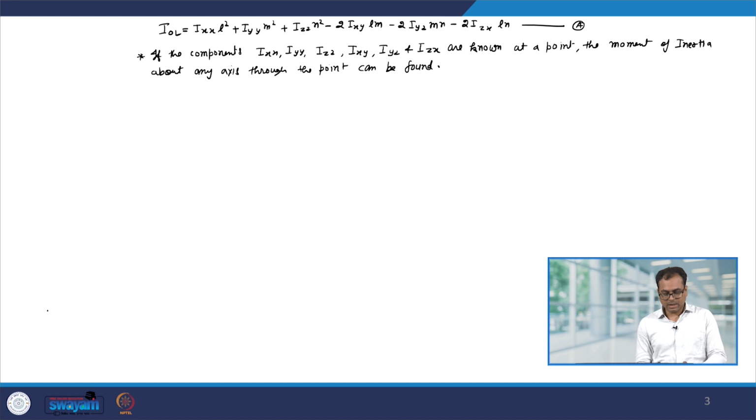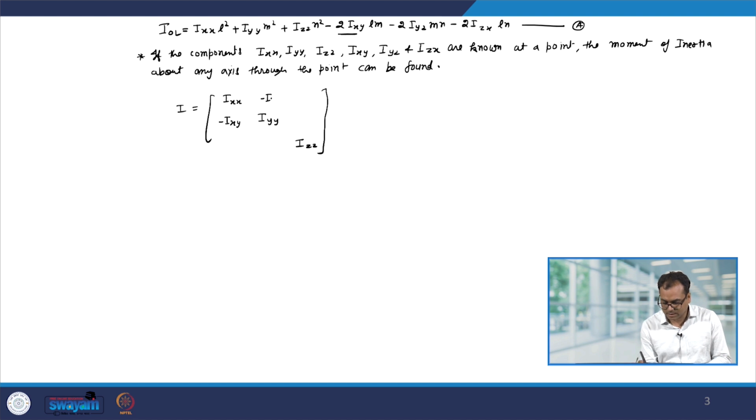Now, this equation I can write down in the matrix form. So, I can write down as Ixx, Iyy, Izz, and then I have these 2 xy. So, let me write down minus Ixy here and minus Ixy there, and similarly I have 2 yz.